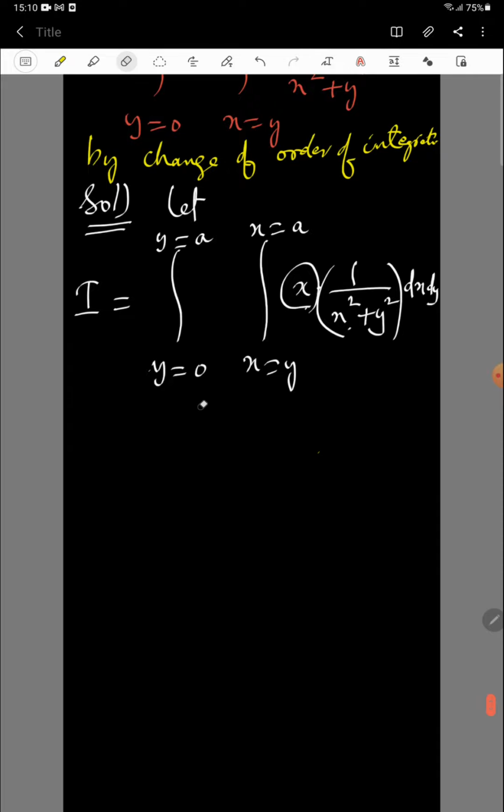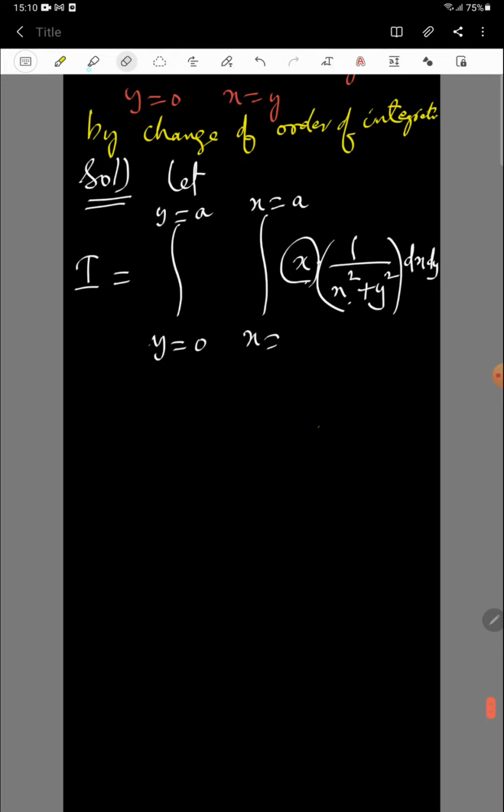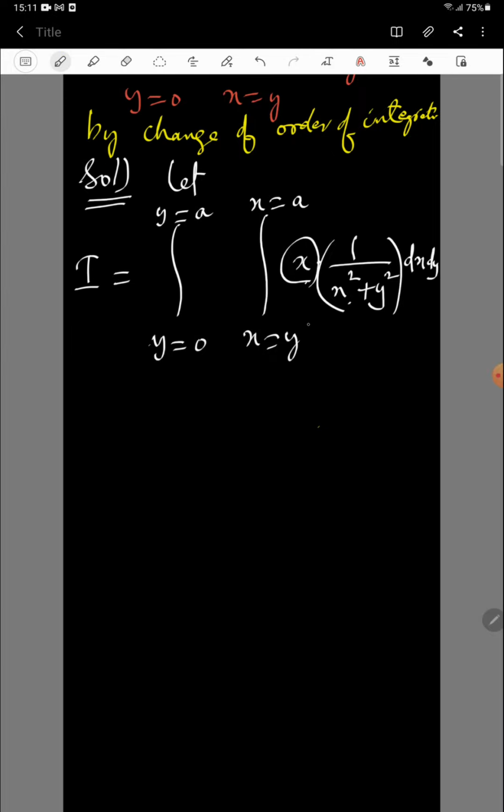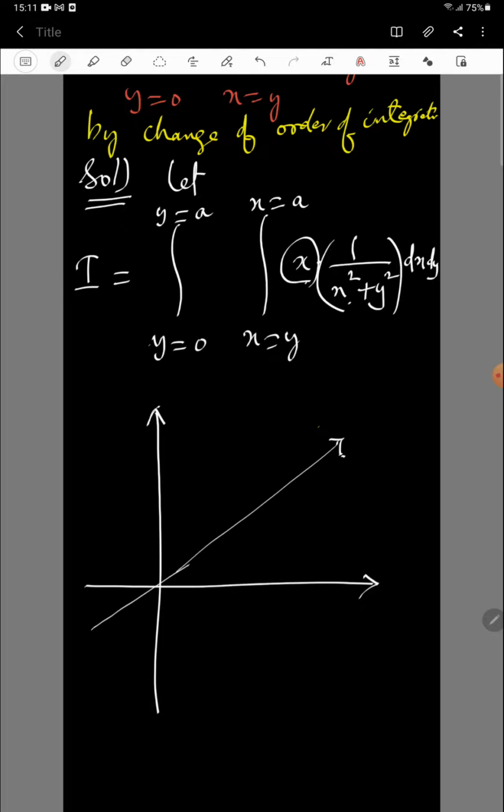Now what we are doing is, from the limits we are going to see how to get the region, okay. x is equal to y to a. Now you see what the region is. x is equal to y is this line. x starts at y and ends at a. x equal to a is nothing but a line parallel to the y-axis.